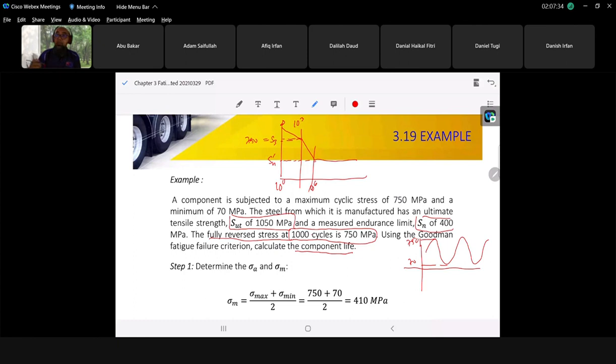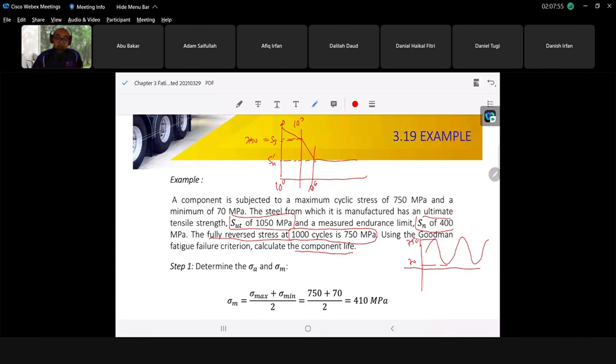Component life, maksud dia berapa, bila dia fail. Okay. When this part will fail. Okay, the fail ataupun ada infinite life.